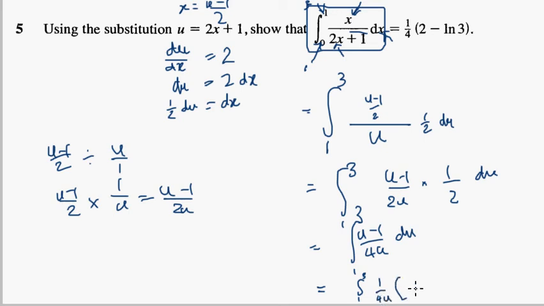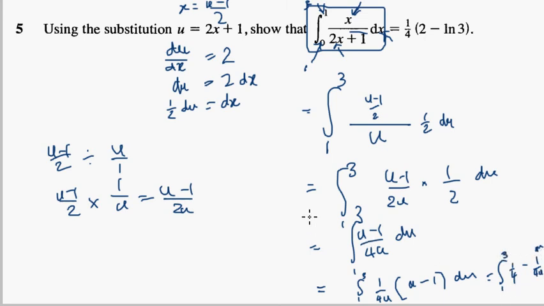So there's 1 over 4u times u minus 1. Why are we doing that? Because we couldn't really integrate this, but if we multiply this through, if we divide u by 4u and minus 1 by 4u, what we get, and I'm running out of space, is that 1 over 4u times u is just a quarter, and minus 1 times 1 over 4u is minus 1 over 4u. We are now getting somewhere.